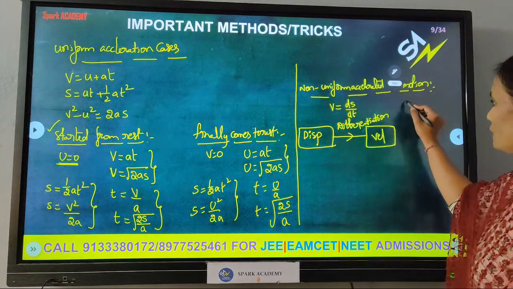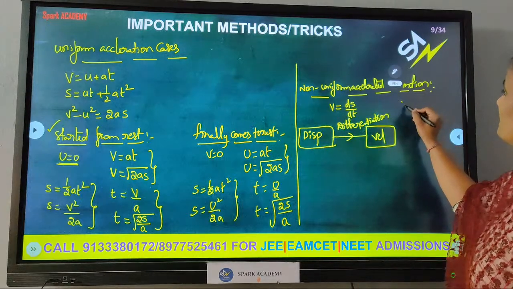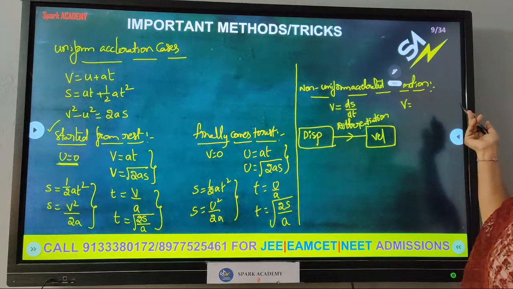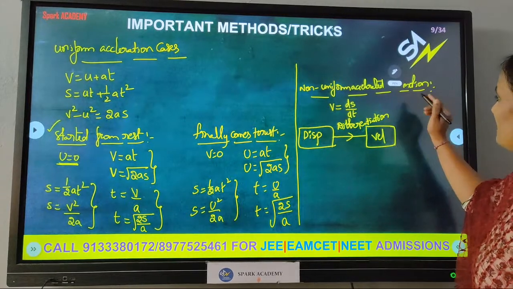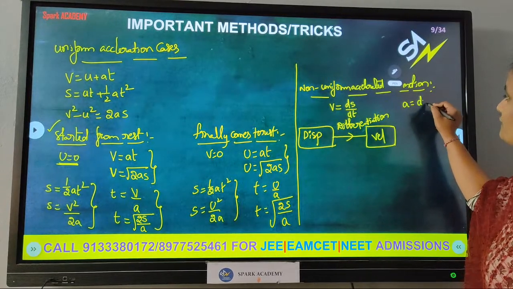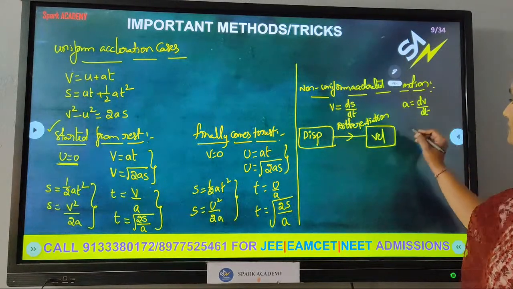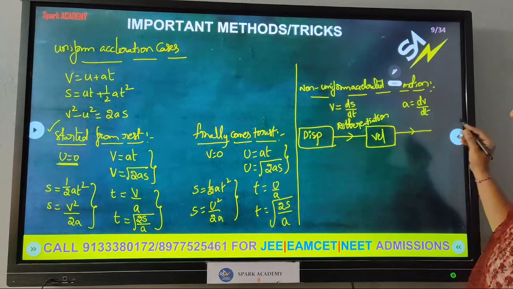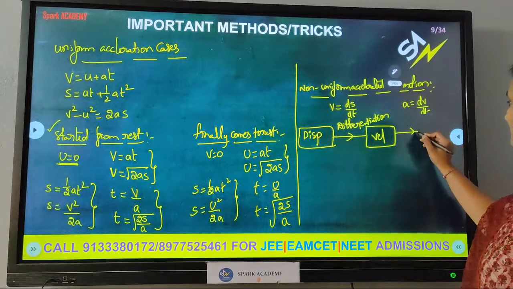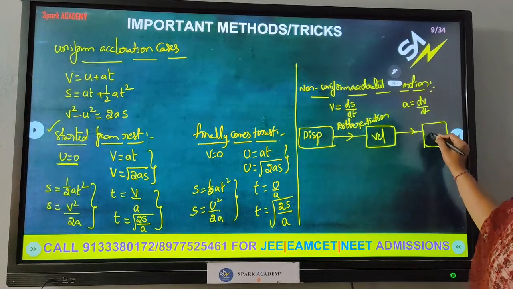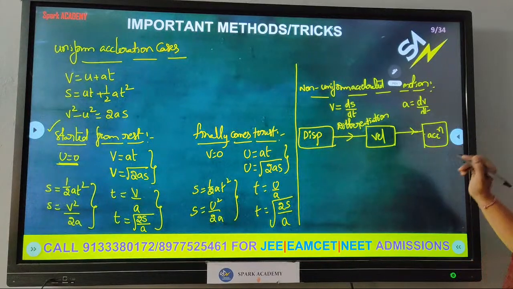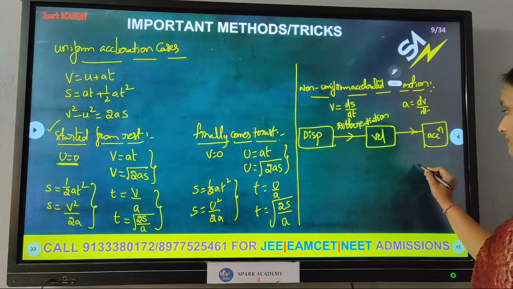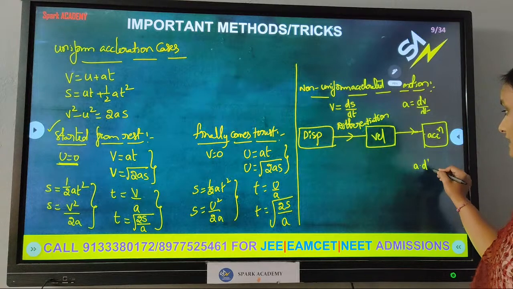If velocity is given as a function of time, and to find the acceleration, we differentiate that velocity with respect to time, we get the acceleration. This is acceleration. Now, acceleration is given as a function of time.